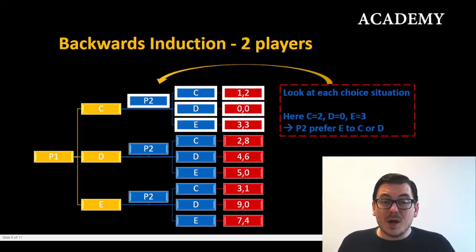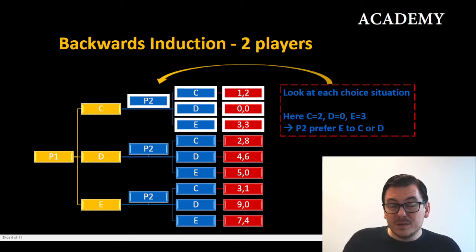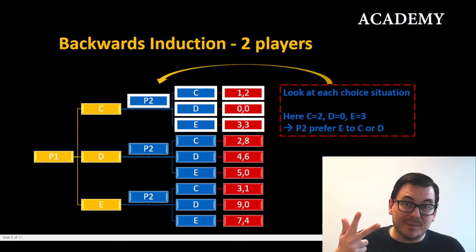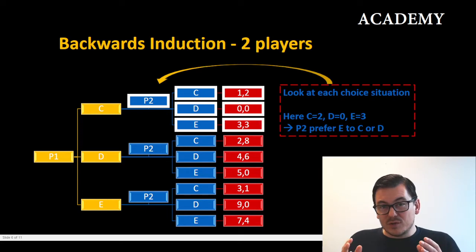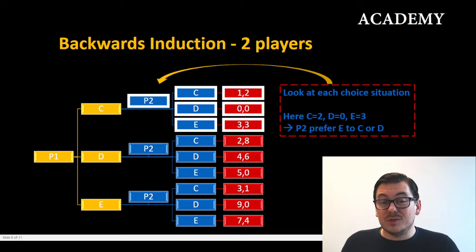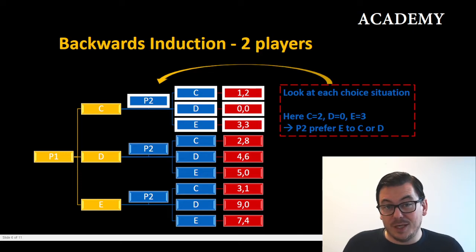Here, player 2 has 3 different strategies to choose from in this segment, in this area, and that is C, D, and E. All of these strategies are connected to a payoff. That is the number. And since it's player 2, it is the second number, which means that if player 2 chooses strategy C, the payoff would be 2, D, 0, E, 3.